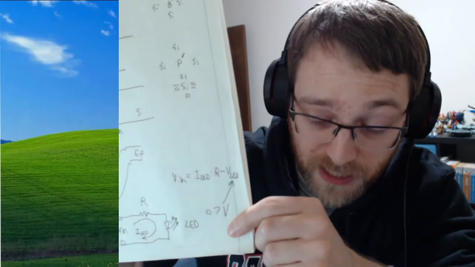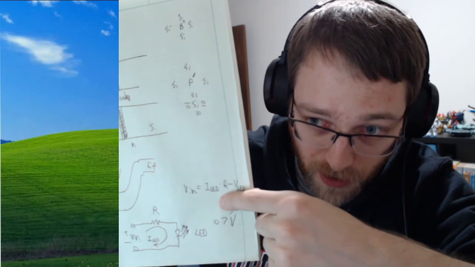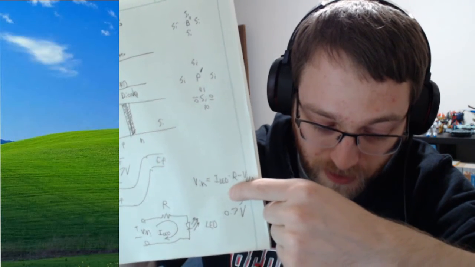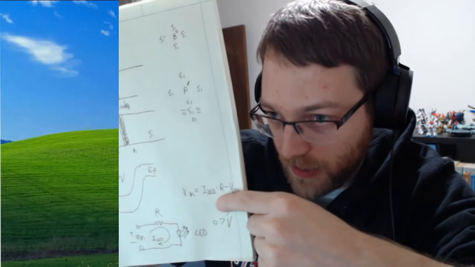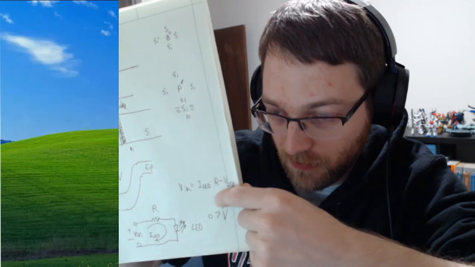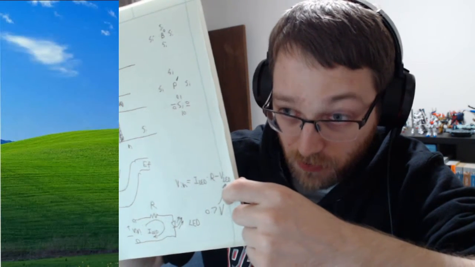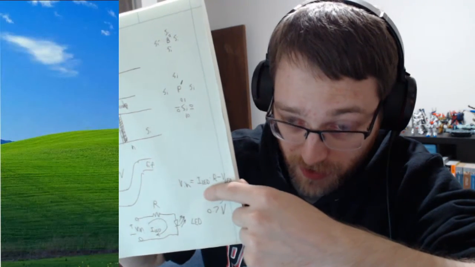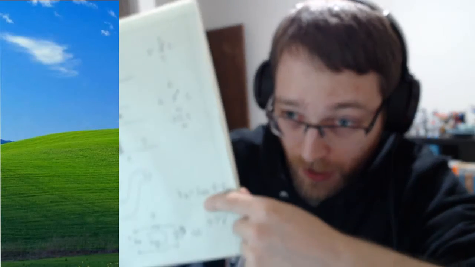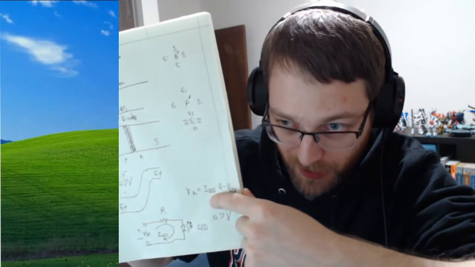So this at least makes sense, right? The voltage across a resistor is a factor of its current times resistance. And so you're going to have the 0.7 regardless of what the resistor is. What introducing the resistor ends up doing is it controls how much current gets through out to the LED.